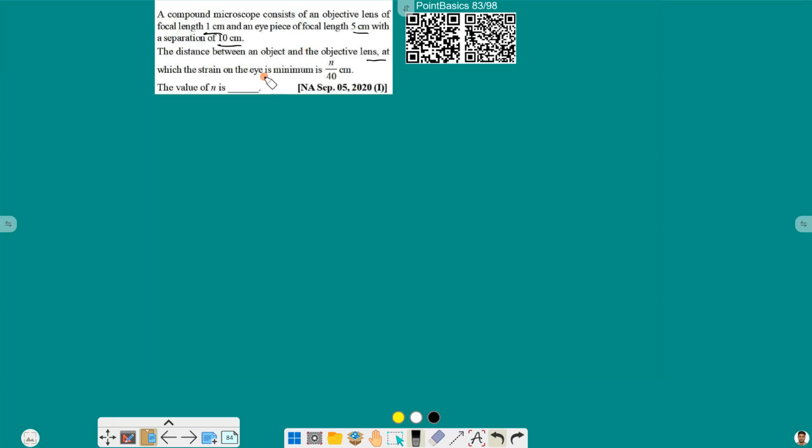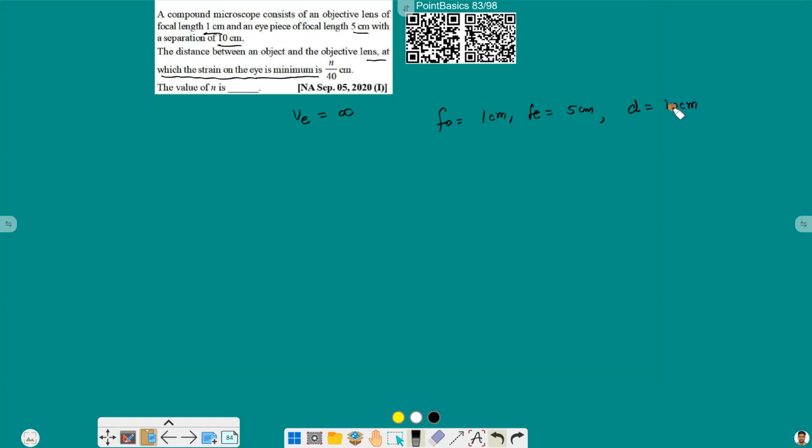Now, here for the no strain condition or the minimum strain condition, the image by the eyepiece will be at infinity. So here we have objective focal length as 1 centimeter, eyepiece focal length as 5 centimeter, and the separation between them is 10 centimeter.